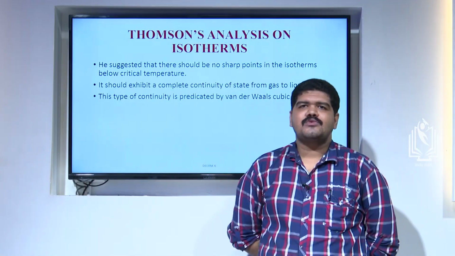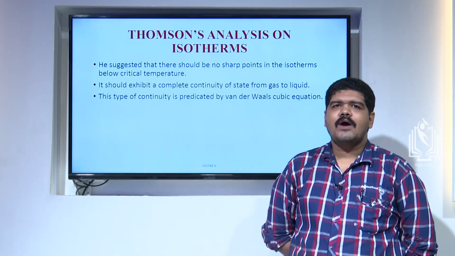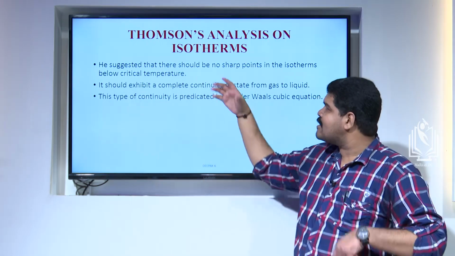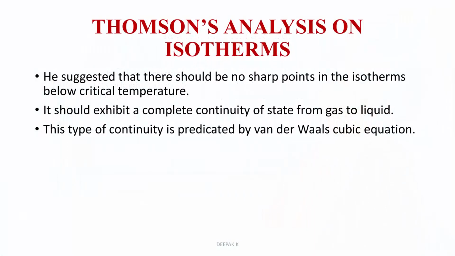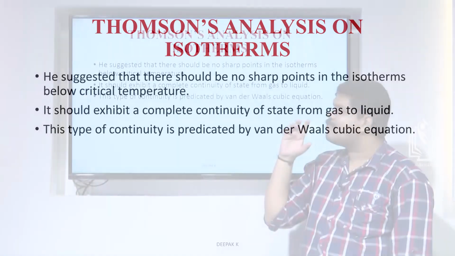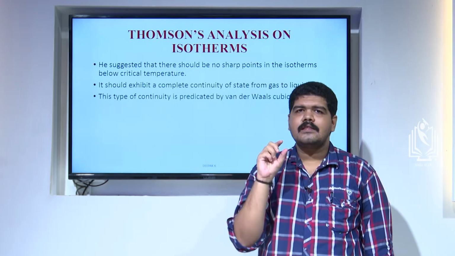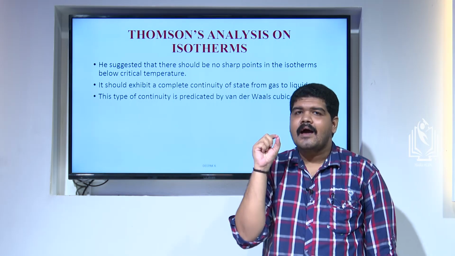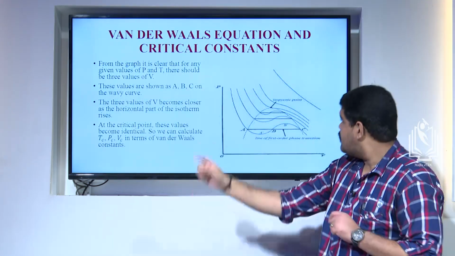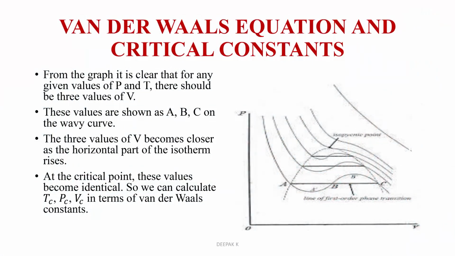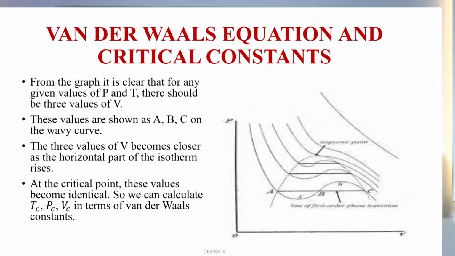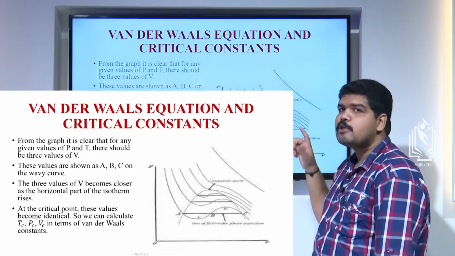This is the Andrews experiment, and now there is another scientist named Thompson, who analyzed the isotherms generated by Andrews. He said that these things are right, but the horizontal portion which is present in the Andrews isotherm will not be there.